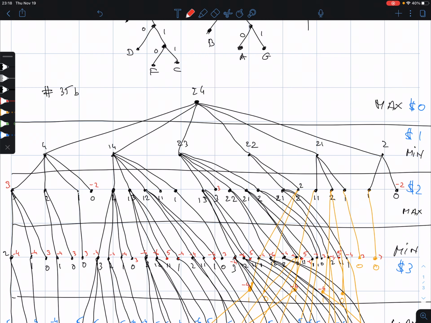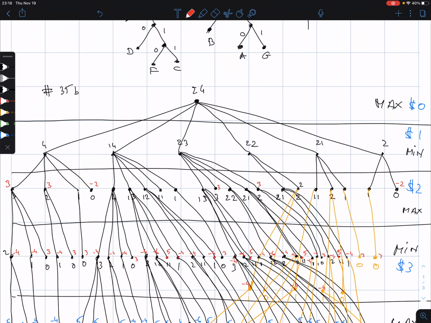Okay, so where am I? 2. Yeah. What is 2? I have to take the maximum of these two, -4 and 3, so that will also be 3. So 2's are priced at 3.